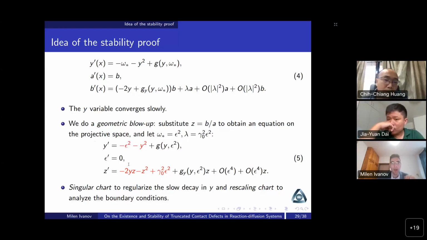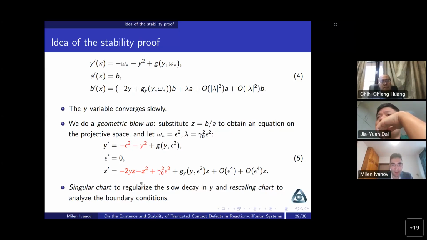Epsilon prime is 0, and Z prime is a quadratic equation plus higher order terms. As a side remark, what I find absolutely fascinating is that the way to study second order linear equations is to view them as first order nonlinear equations, which arguably goes contrary to naive intuition, but that's what we need to do.